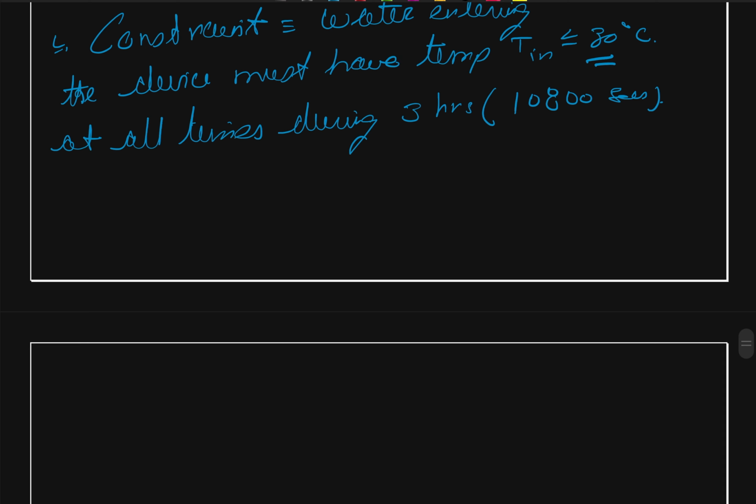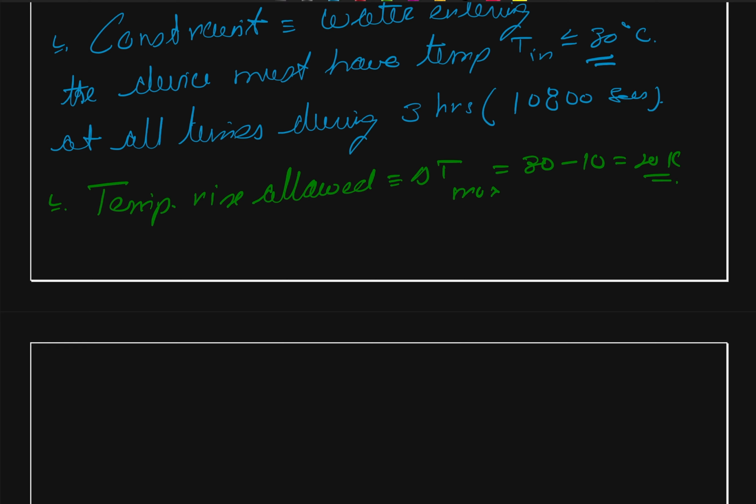So we can say that the temperature rise allowed, let us suppose that is delta T max, will be equal to 30 minus 10, or we can say this as 20 Kelvin.